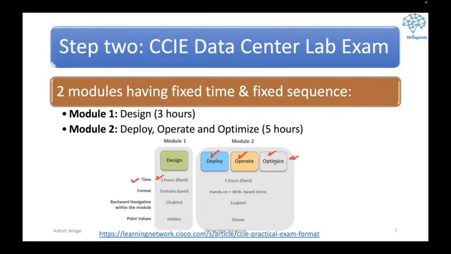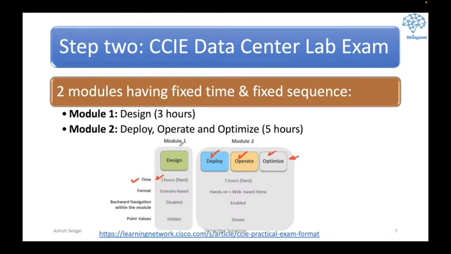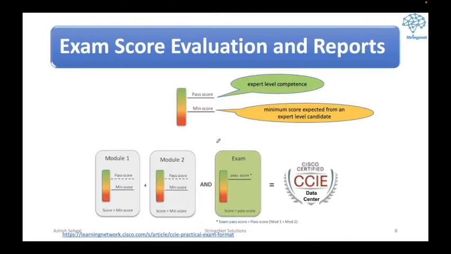It is simple, wherein certain tasks will be provided to us and we have to configure. Certain tasks will be incomplete and we have to complete those tasks. And of course, some troubleshooting. Once you pass both the sections, that means your module 1 and module 2, only then are you given the pass certificate.